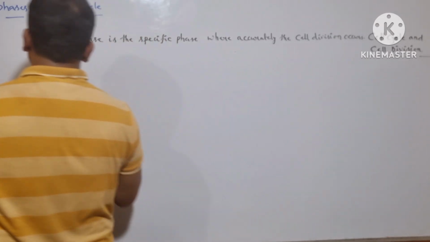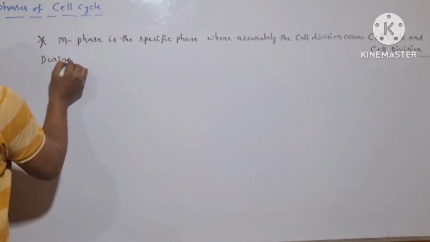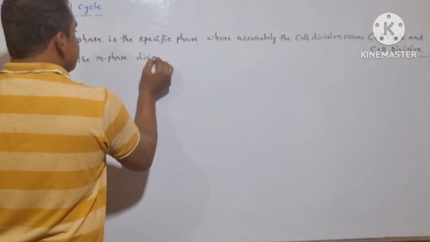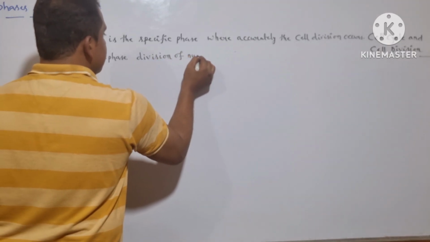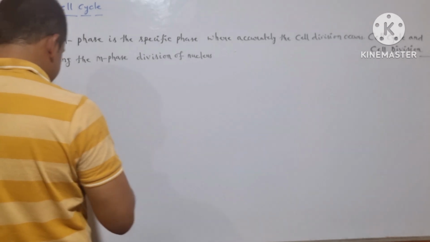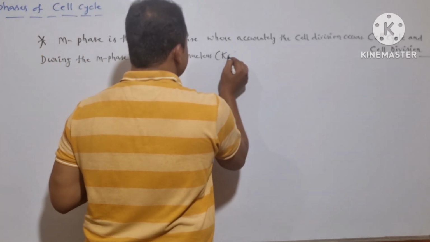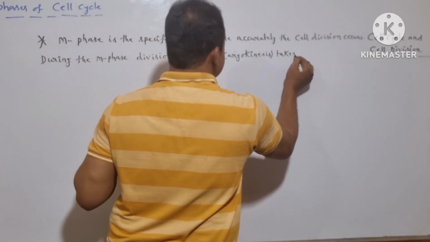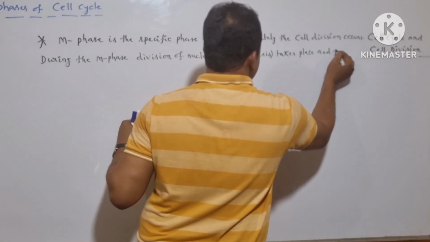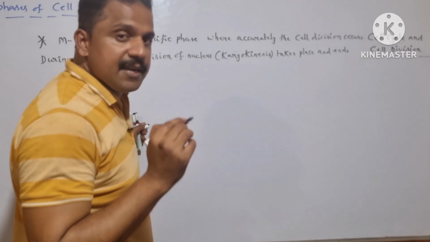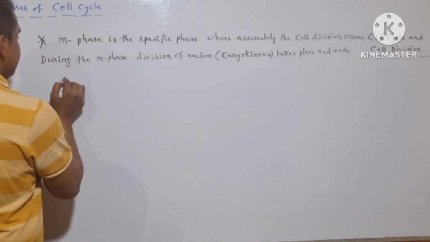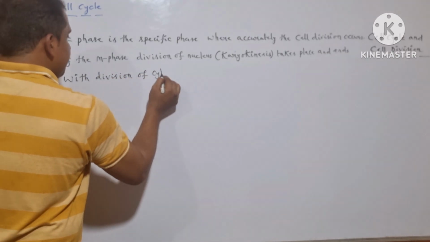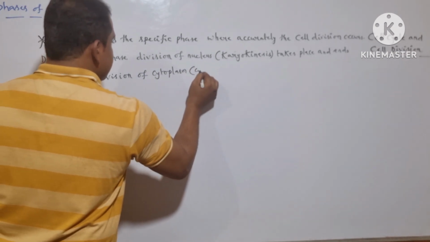So here, during the M phase, division of nucleus, which is termed as karyokinesis, takes place and ends with division of cytoplasm, which is termed as cytokinesis. Is it clear?